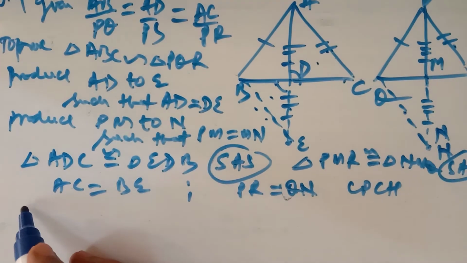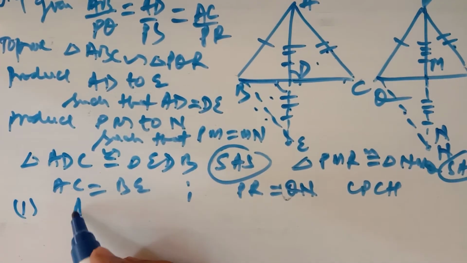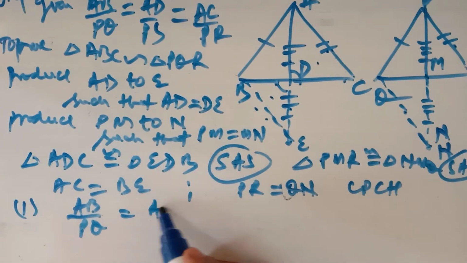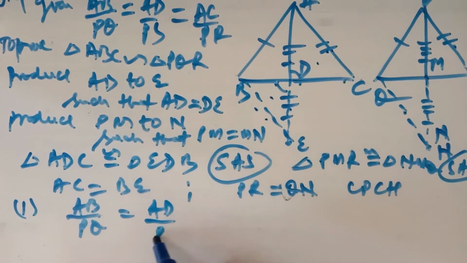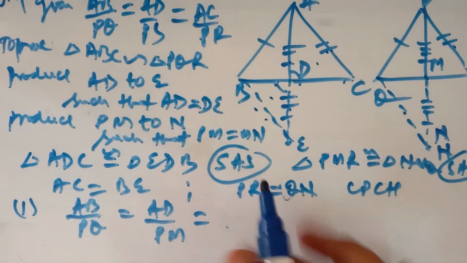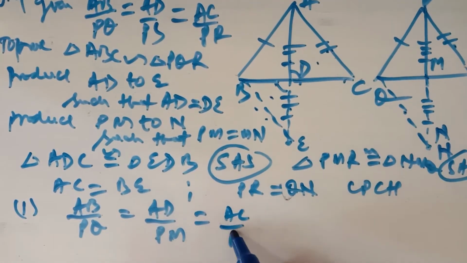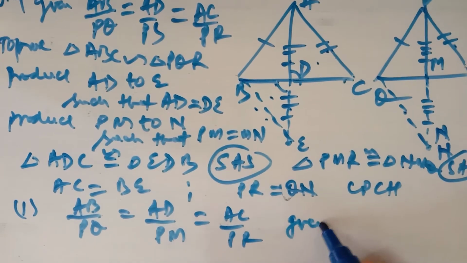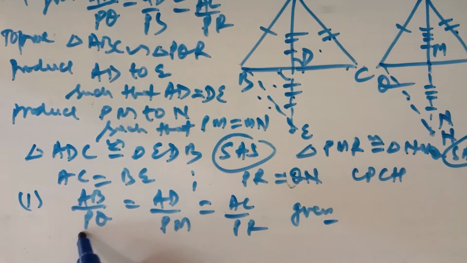Why have we done this? Because it is given that AB upon PQ is equal to AD upon PM is equal to AC upon PR. Now see the arrangement very carefully. In place of AB upon PQ, write it as it is.